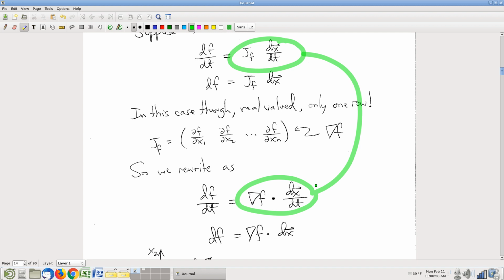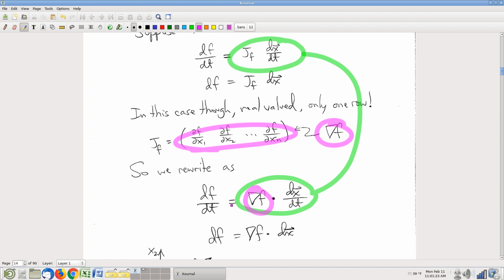It just happens that the process of multiplying a row matrix times a column vector is computed as a dot product of this row with that column. It's a dot product. And furthermore, this thing viewed as a vector is something we've already talked about.